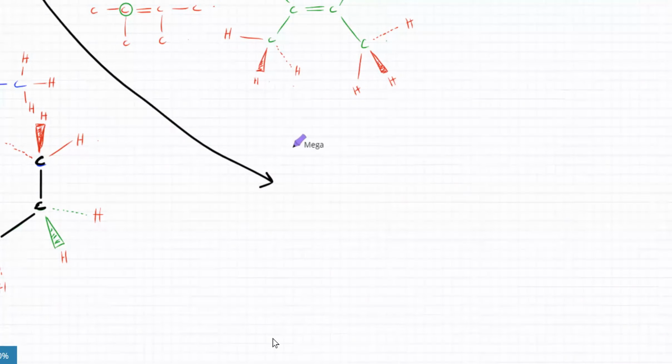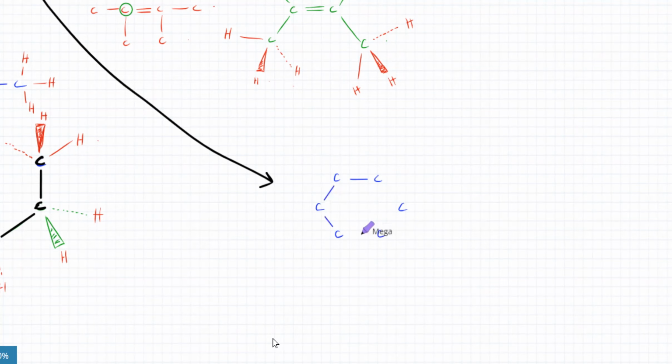Okay, cyclohexane is, it's 6 carbon atoms in a cyclic structure. So 6 of them in a cyclic arrangement. And every carbon atom makes 4 bonds.